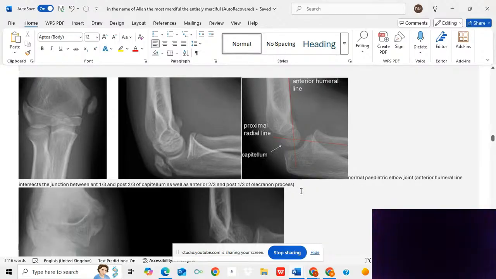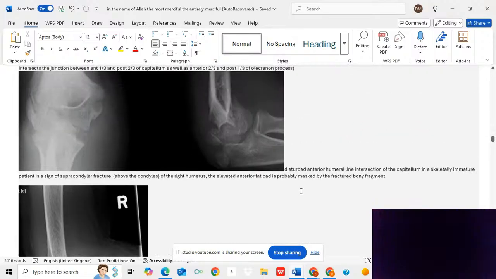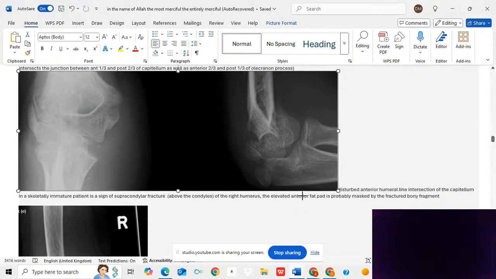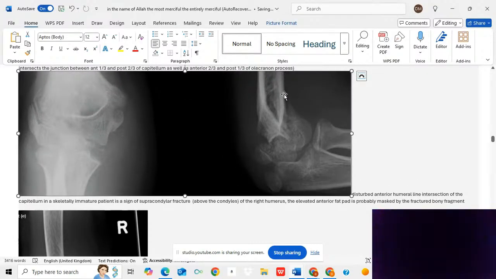Okay, so in this case, the anterior humeral line. Let's draw the anterior humeral line. Oh, where's the capitulum? The capitulum is here. Oh, what happened? Disturbed intersection of the capitulum. The anterior humeral line intersects the junction between the anterior, not one third, the anterior two third, and the posterior one third.